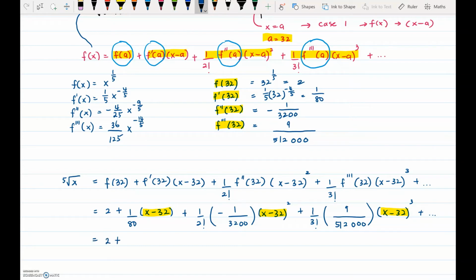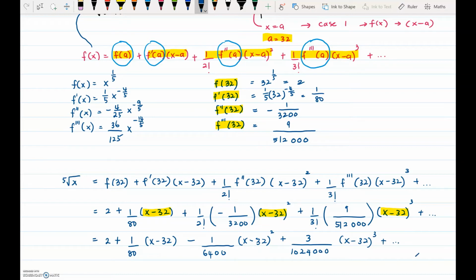You will get 2 plus 1 over 80 (x minus 32) plus 1 over 2 factorial times negative 1 over 3200, which gives minus 1 over 6400 (x minus 32) squared plus 3 over 1024000 (x minus 32) to the power of 3 plus dot dot dot.